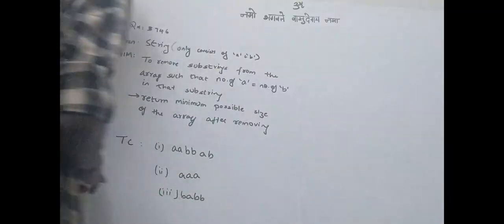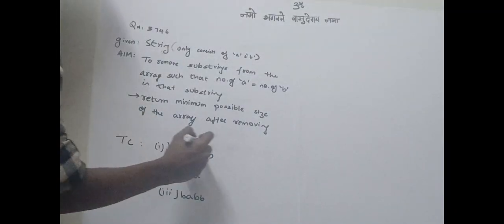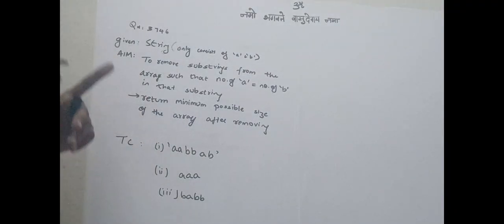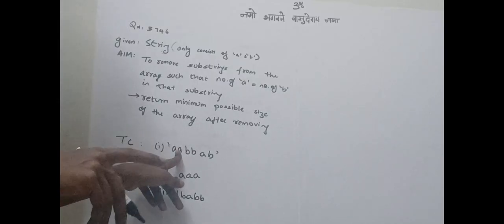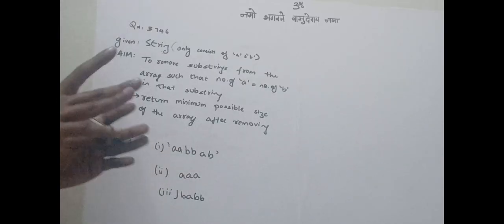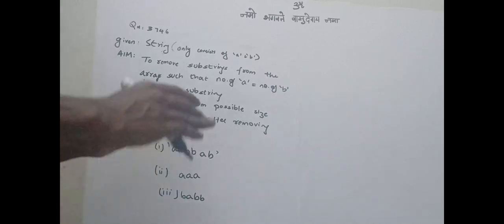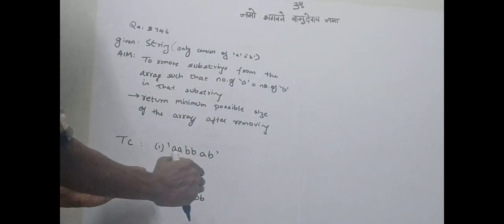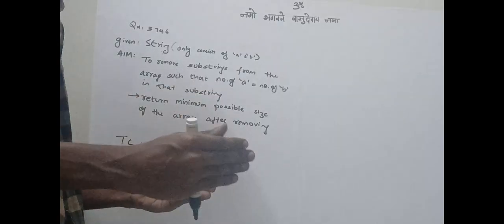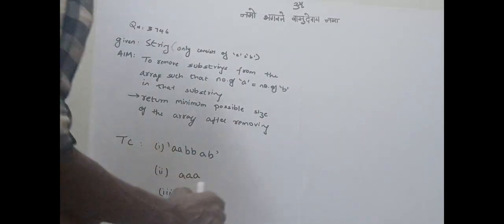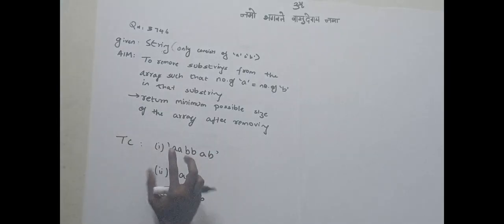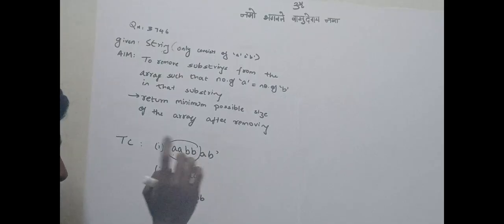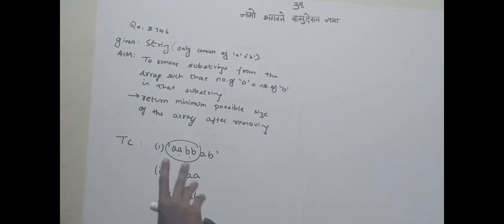Now here's the next question. You're given a string. Let's say this is a string, and as you can see, the string only consists of either the letter A or the letter B. Now you'll have to continuously remove substrings such that the number of A equals the number of B. When you observe this particular substring, A, B, B, there are two A's and two B's, which means they are equal and we can remove the substring.